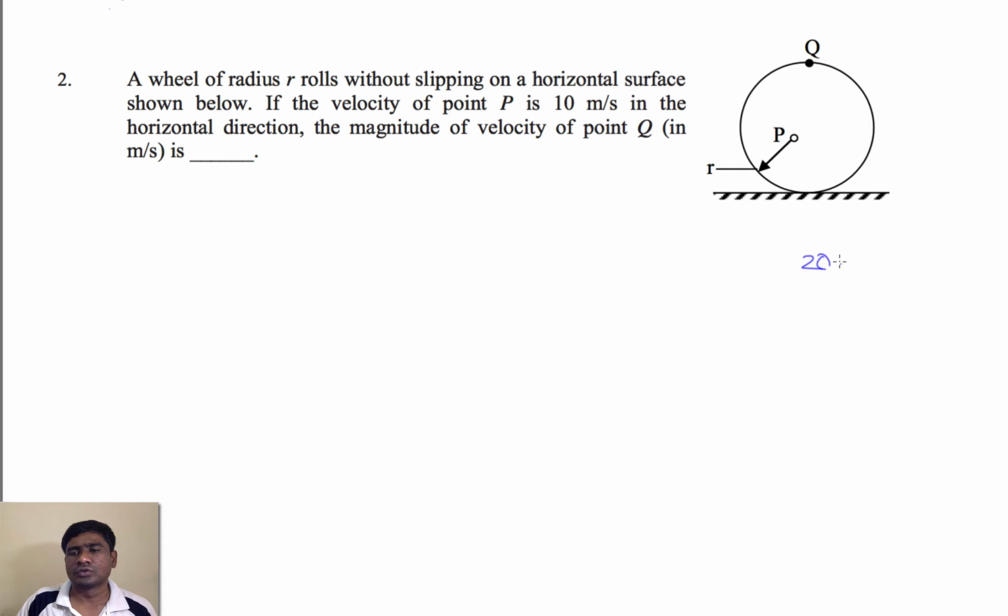This was asked in 2015, and we have already seen this while dealing with the theory itself. Here this is moving like this, and the velocity of P is given. If it is rotating like this, its velocity at P is moving in the forward direction.